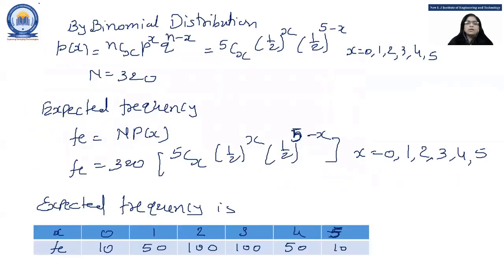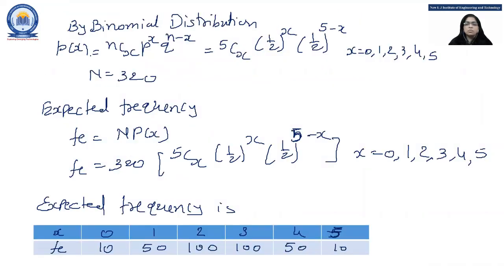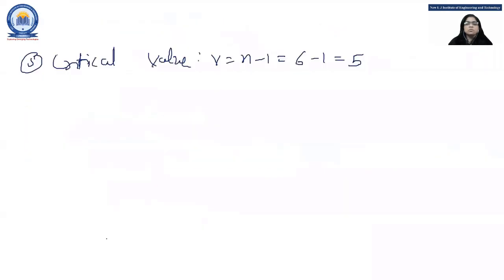But for the binomial distribution, our n is the last value of the given x, which is 5. So here n is 5 for the binomial distribution, but for the critical value it is the total number of observations, and that is 6, right? So next, chi-square alpha, V, and that is chi-square 0.05, V is 5.